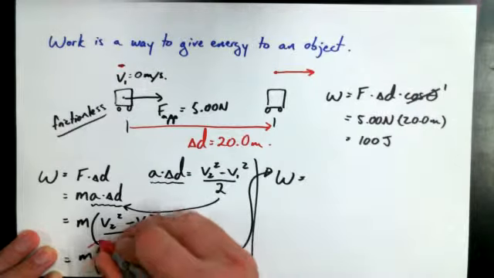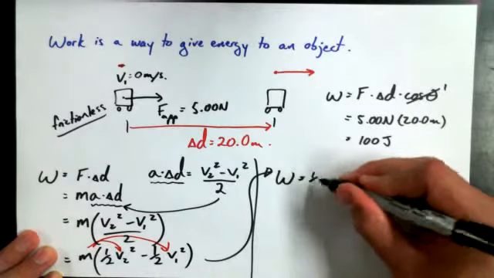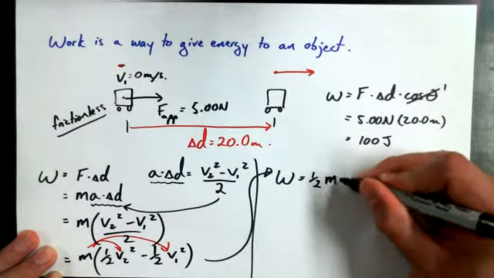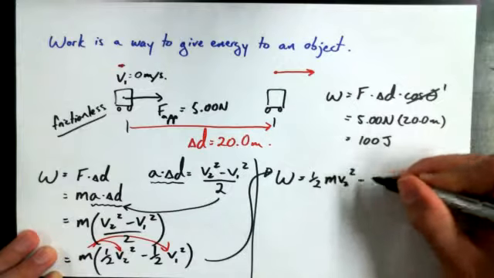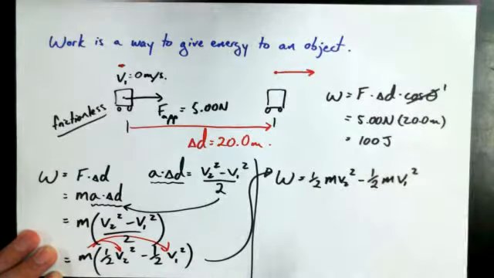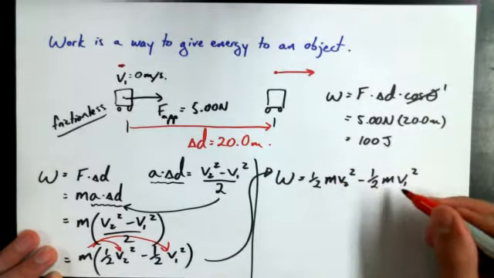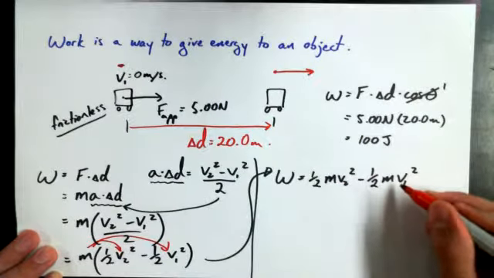I'm going to multiply the m through the binomial, and I get 1/2 m v2 squared minus 1/2 m v1 squared. And so what I kind of have at this point is an expression that says, if I do some work on something, I've got a change in energy. Some energy that has to do with its velocity at the end, minus some energy that has to do with its velocity at the beginning.